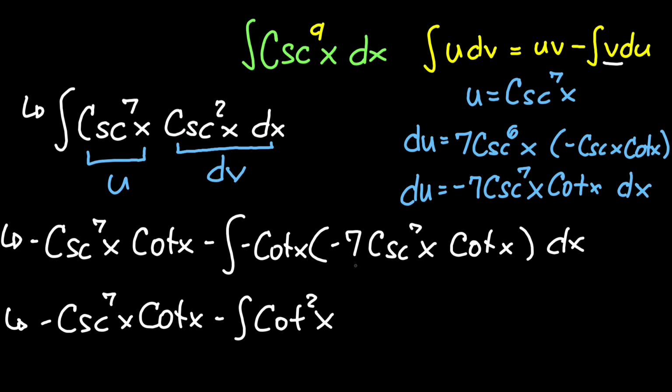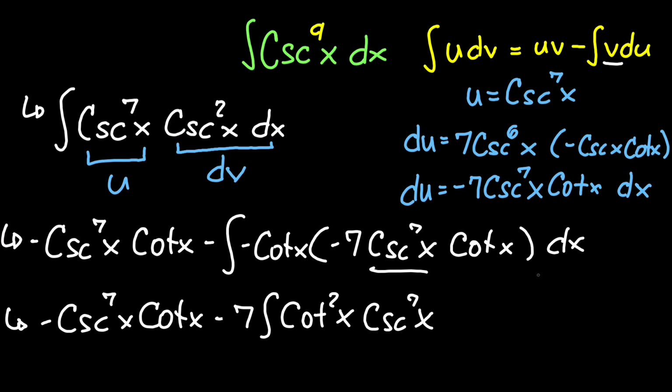And what's left here would be, wait, I forgot, we have a 7 here. We can actually put 7 outside the integral since it is a coefficient. And what we have left here would be cosecant to the power 7 of x and the dx.